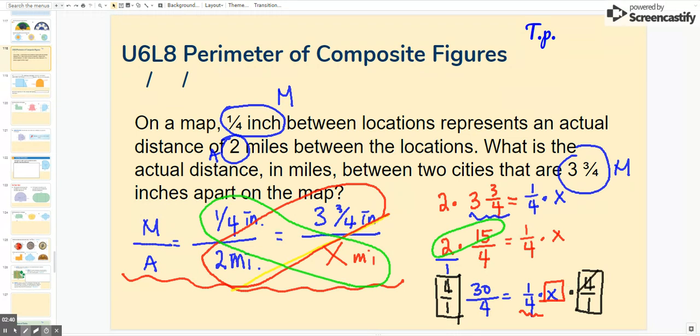So this will be gone, and you only have x on the right side. What about the left side? 4 and 4 will be canceled out, and you only have 30. So x is going to be 30, and what's the unit? Miles, because x is the actual distance. So 30 miles is going to be the answer.